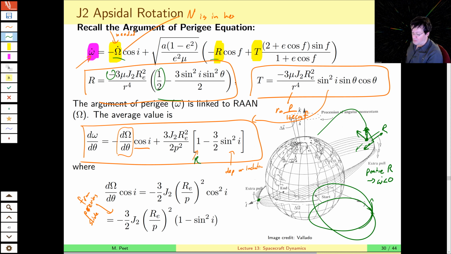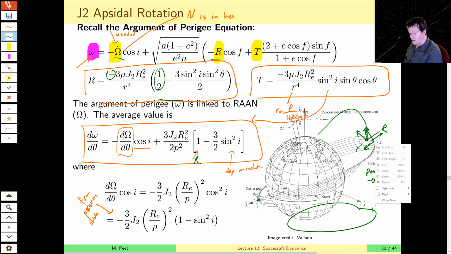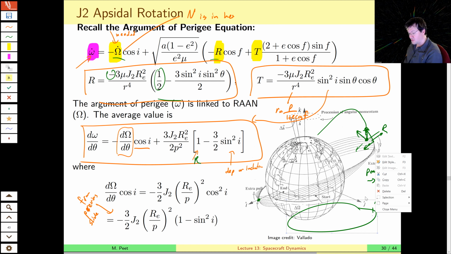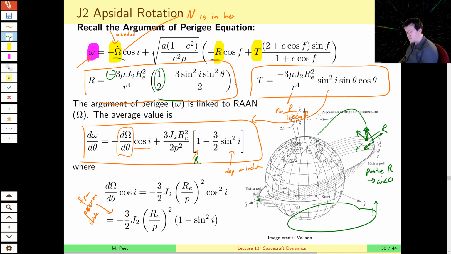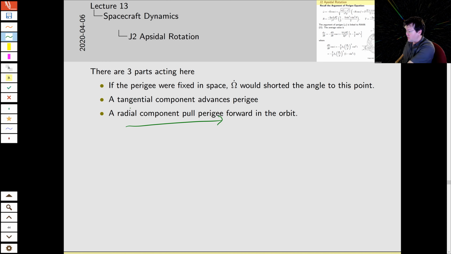So here's our orbit, and instead we get a little tangential component there, mapping it back that way. And so we have a progression of apsides in the positive direction for this component. So that's what we have a note on: tangential advances perigee.